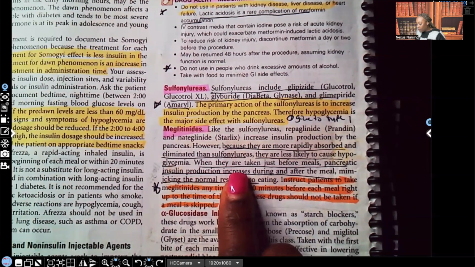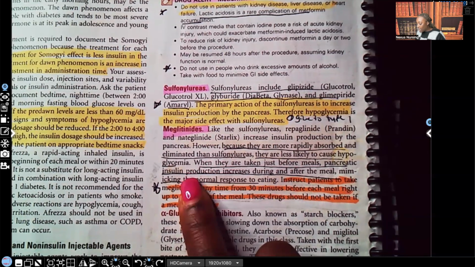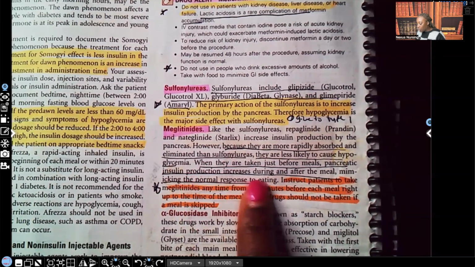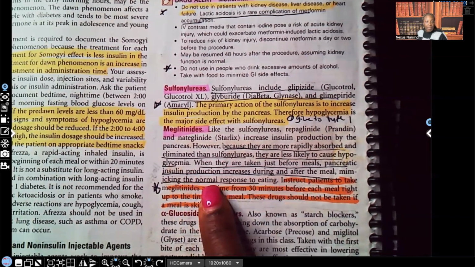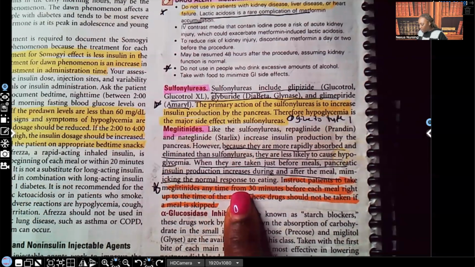When they're taken just before meals, pancreatic insulin production increases during and after the meal, mimicking a normal response to eating, because in normal patients who do not have diabetes, do not have pancreas issues, what happens? You eat a meal and your pancreas releases a bolus of insulin. Okay, this is what it's saying. So it mimics that same response.